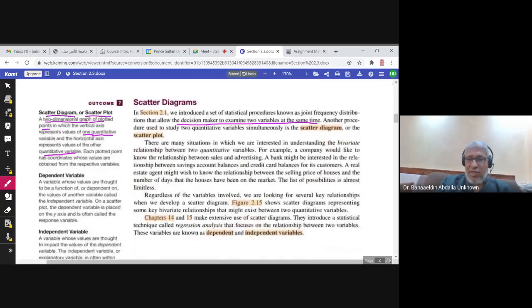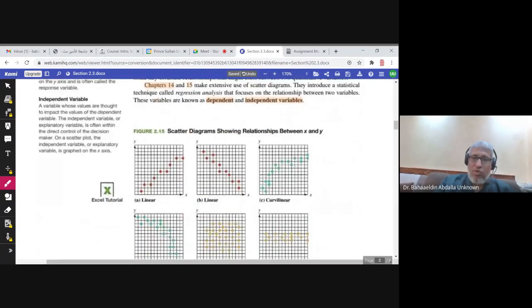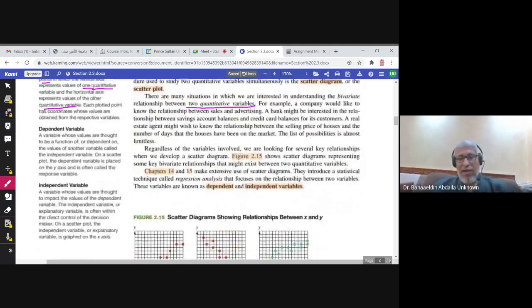Scatter plots: we examine the two variables at the same time. We are dealing with two quantitative variables. What would happen? One of the variables would be called the dependent variable. The other one is the independent variable.